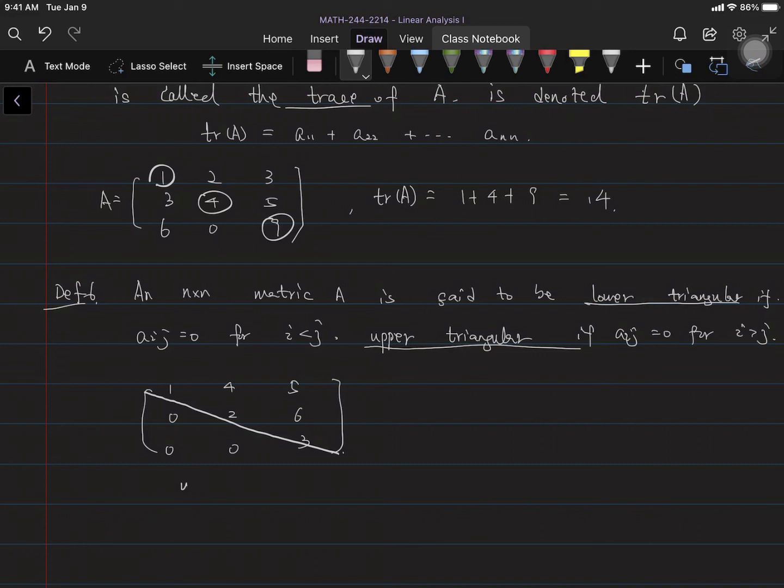So in this case, we say that it's upper triangular. Same thing if we have numbers for the upper part that are not zero, and zeros below. Let's take a look at this one, 0, 0, 0. In this case, you can see they are non-zero on the other side, so we say they are lower triangular.